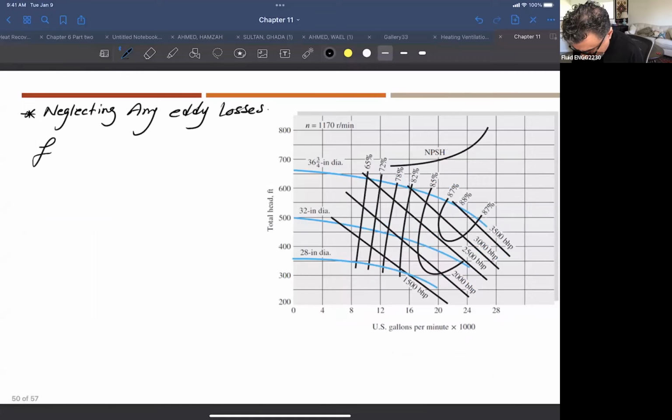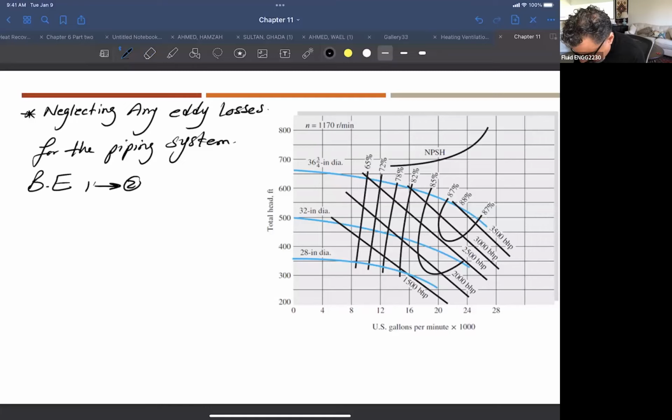So for the piping system, the energy or Bernoulli equation between 1 and 2 will give you the system curve, right?